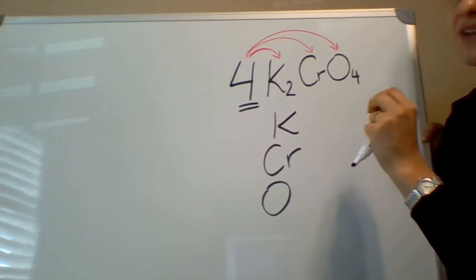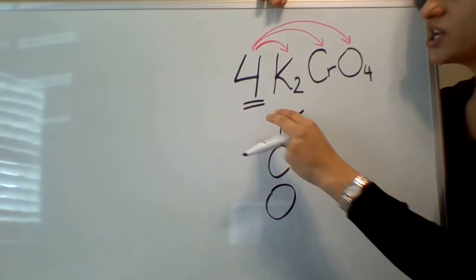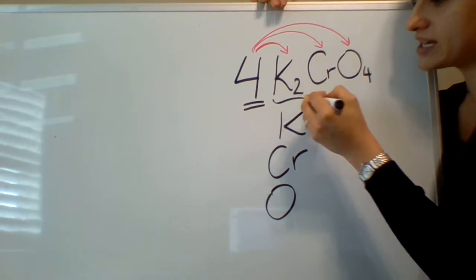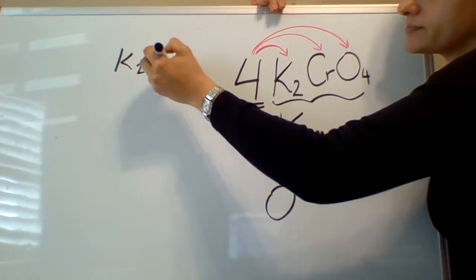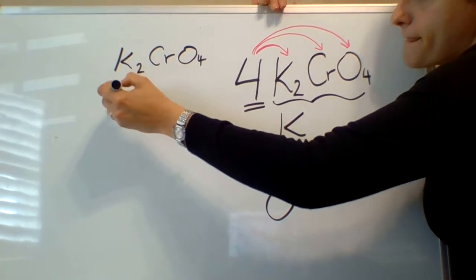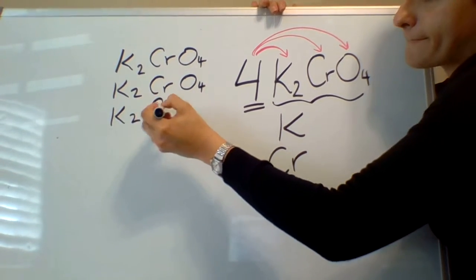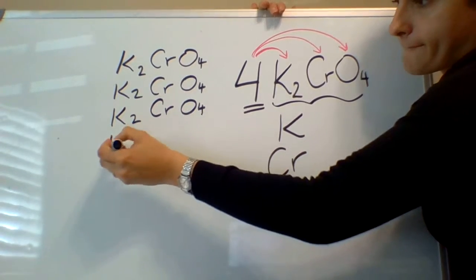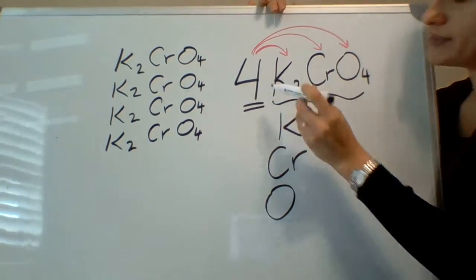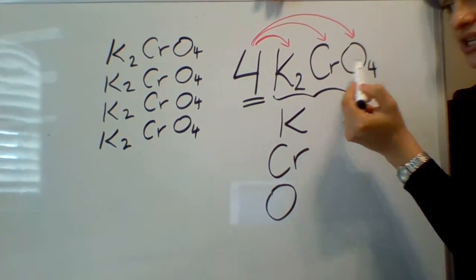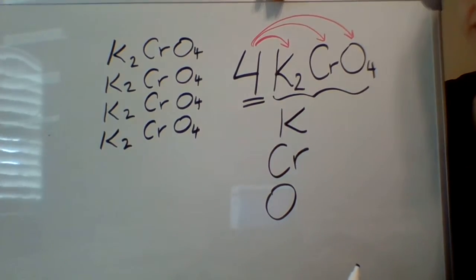I'm going to do it in a very long way just for the first time so that you guys can understand how it works. So we have 4 of this entire compound, which means, write it down 4 times. Okay, that's what it means to say 4 K2CrO4. It's actually 4 of the same compound.